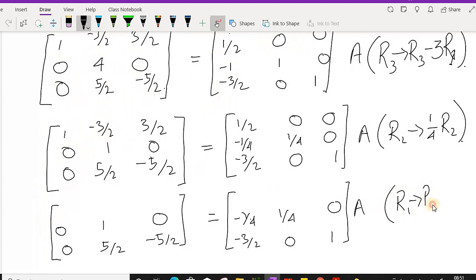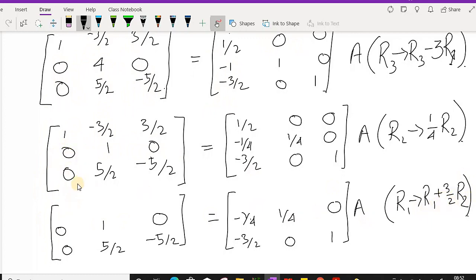changes to R1. What we have is minus 3 by 2. If it is minus 3 by 2, you have to add, so here it will be plus 3 by 2. Then which row am I going to use? I am going to use R2. So R1 plus 3 by 2 R2.